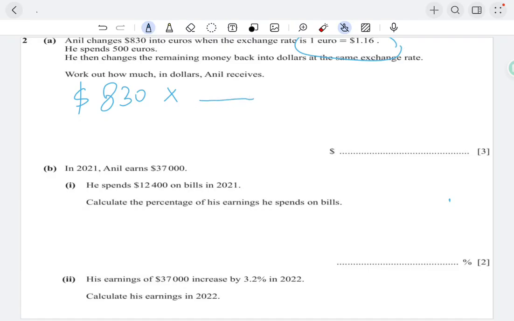But I want my money at the end to be euros. So my money has to be euros at the end. How do I put the conversion factor now? Should I make it 1 up and the 1.16 down, or 1.16 up and 1 down?